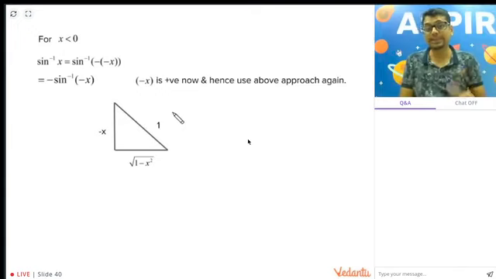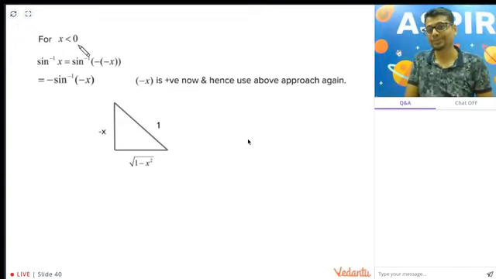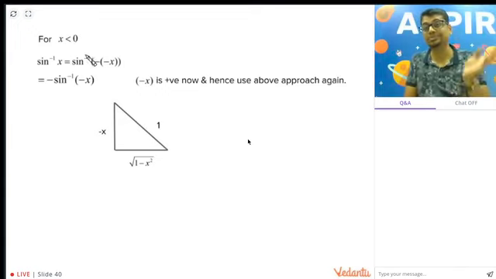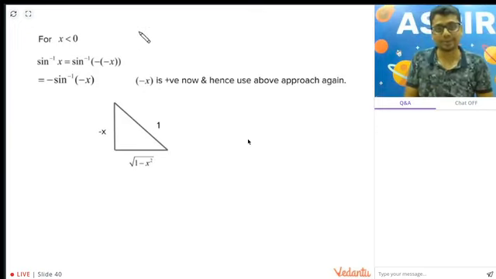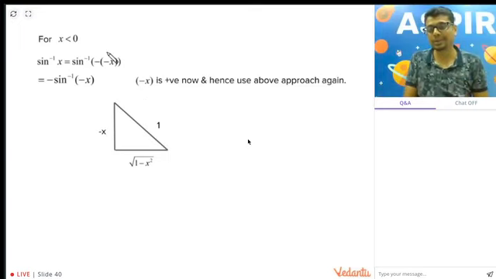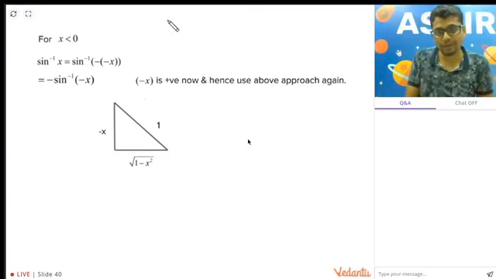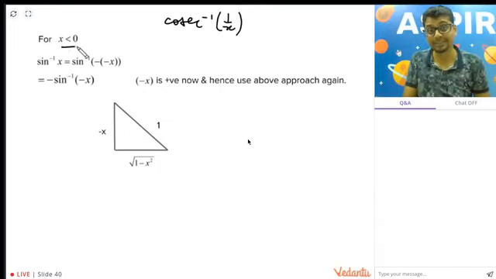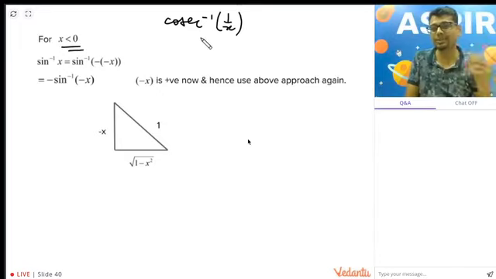Please pay attention. Now x is less than 0. So what about sine inverse x in terms of other things? You can go this way, or some of these things you can do directly also. Sine inverse x is always cosec inverse 1 by x, even if x is negative. So cosec inverse conversion is straightforward.